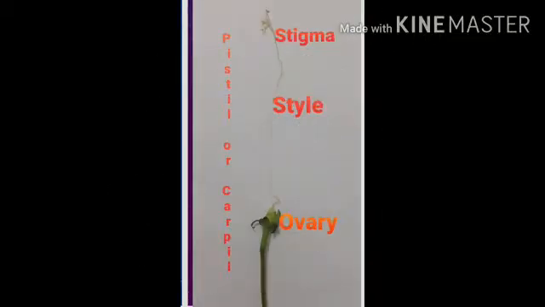Are you ready to grab the fourth ring of the flower? That is known as the pistil or carpel. This pistil or carpel forms the fourth ring of the flower, and it consists of three parts: the broad ovary at the base. Are you watching the location? Style is in between. As we know, every female is with style, so this female part is also with its style in between.